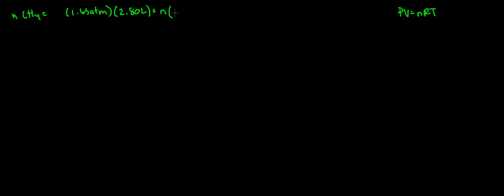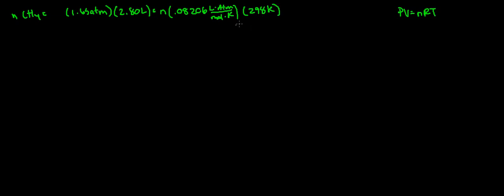Moles are the variable I'm looking for. R is the ideal gas constant. And it was at 25 degrees Celsius, which I must convert to Kelvin. 25 plus 273 is 298. And now I just solve for n.